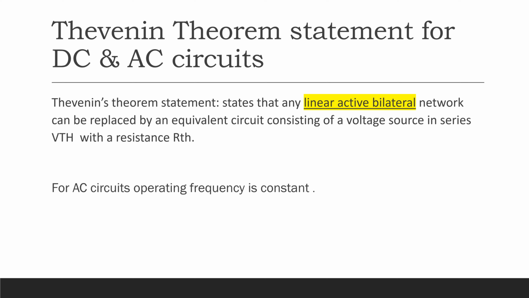This theorem is also applicable for AC circuits. AC circuits have equivalent Thevenin impedance, and always consider operating frequency a constant for all theoretical and practical calculation. So this is a major change for AC circuits. For DC circuits, frequency is not applicable.